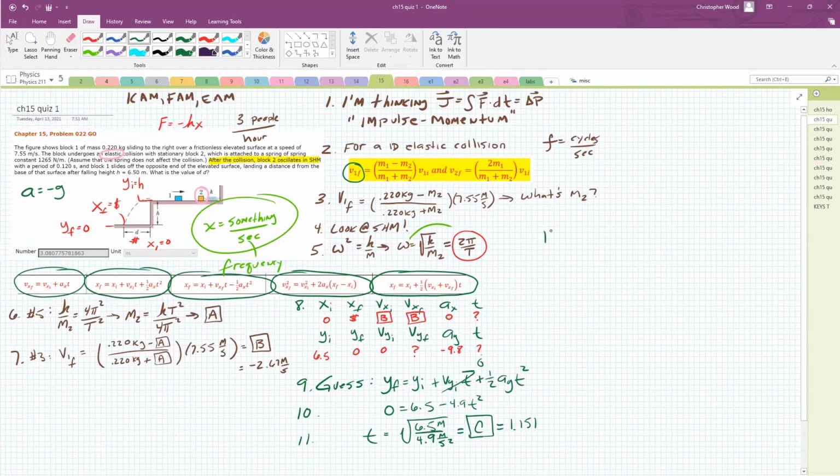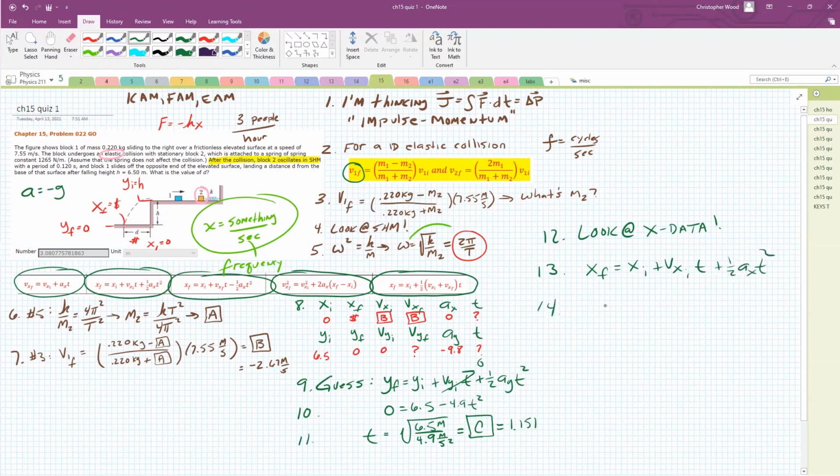And to conclude, let's look at X data. We've done this too many times to forget, the same approach for a 2D projectile. X final equals X initial plus VX initial times time plus 1/2 a sub X t squared.